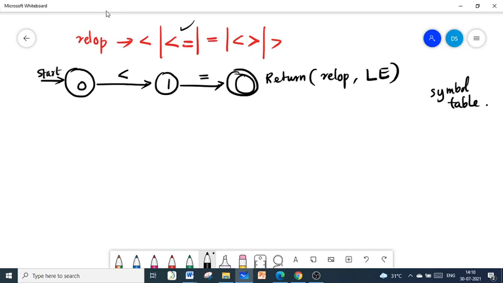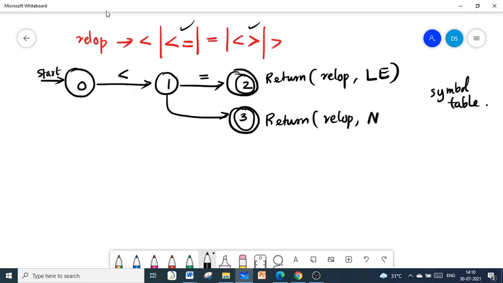Then not equal to, that may be given like this. This is second state, this is third state, that is return relop not equal to. Here I have to mark less than only, so that will be given like this. So this is not equal to, and it is given as other.